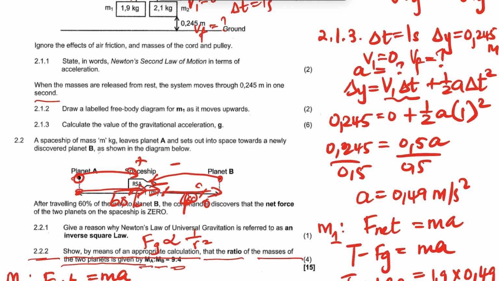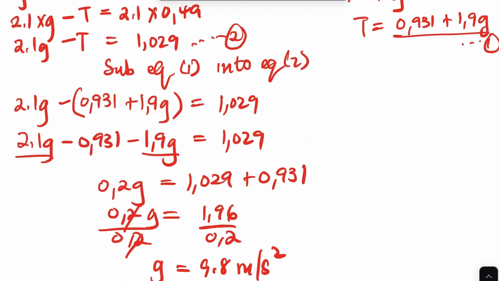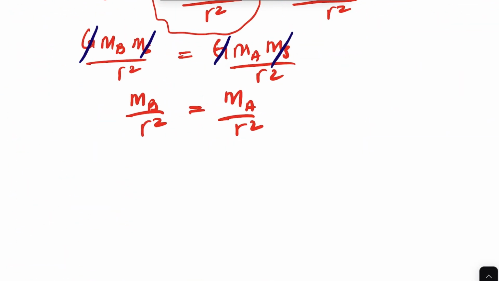Let me rewrite that so that you can see. Let's say the spaceship is here. It traveled 60%, and then from here to B, the distance is going to be 40%. So in terms of percentage, the distance will be 0.6.